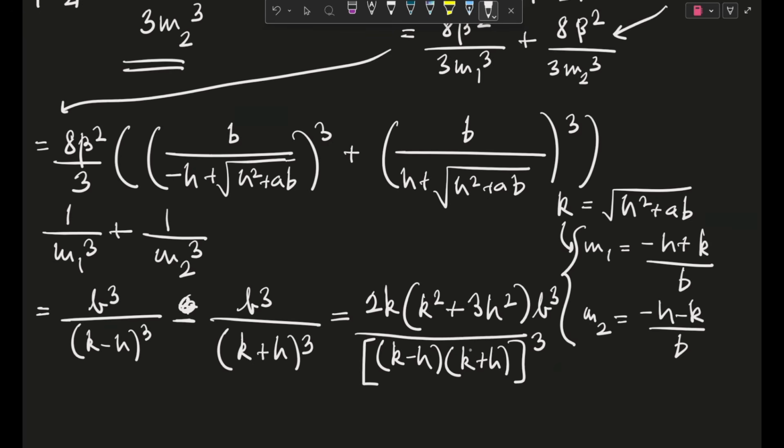Why? Because if you see, we had done a small substitution here. If we square this up, then we would be getting k² − h² = ab. So if we cube both sides, a³ is equal to (k² − h²)/b³.